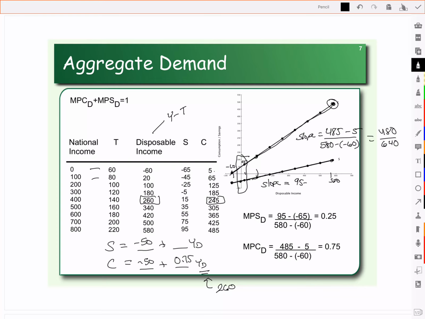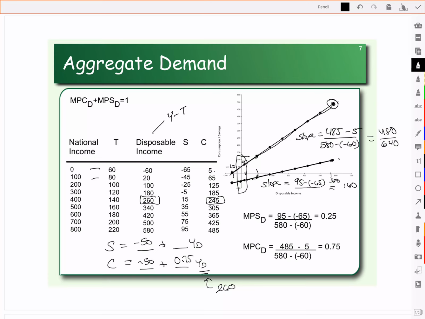So 95 minus a negative 65. And again, if you subtract a negative, you're adding. So this is 95 plus 65, which gives us 160.